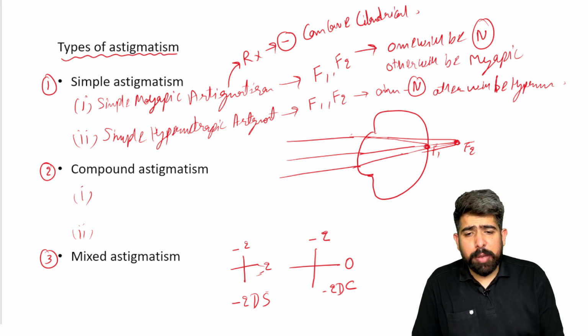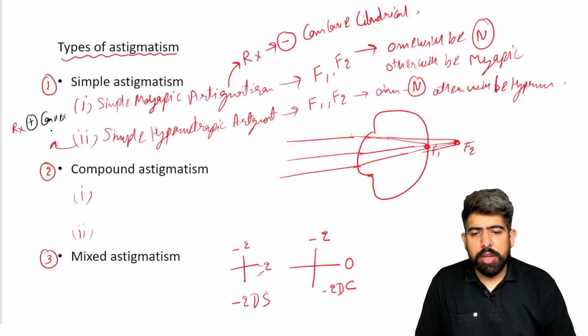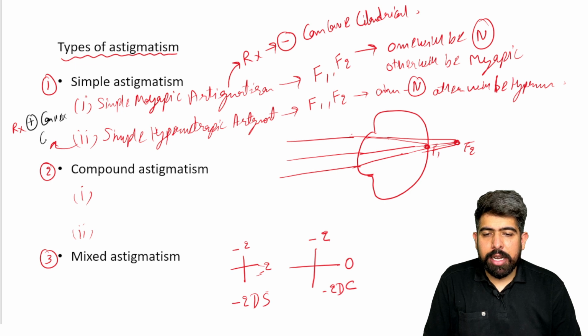Again, the treatment part of it: in the treatment, we have to use the plus lens, which is also known as the convex lens. And this convex lens is used in a cylindrical form again.